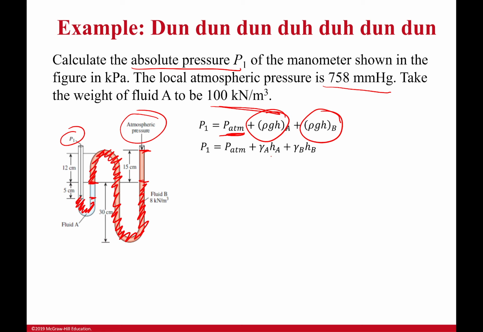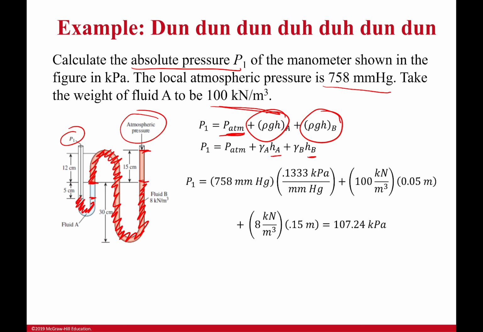Okay, now we have to figure out what height A and height B are. So if we look at right here, we see that height A is 0.05, height B is 0.15. Why are they that? Well, hopefully my little diagram here where I did all the scribbles is helping. You'll see that there's one section of fluid for fluid B that isn't matched. There's one section of fluid for fluid A that isn't matched.